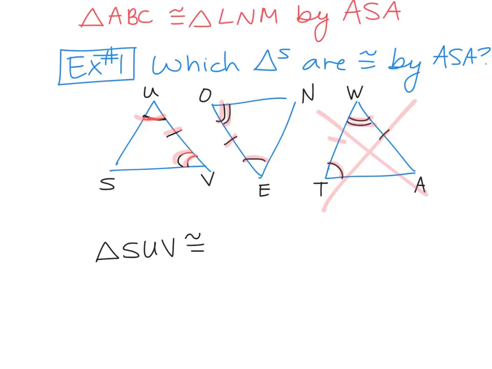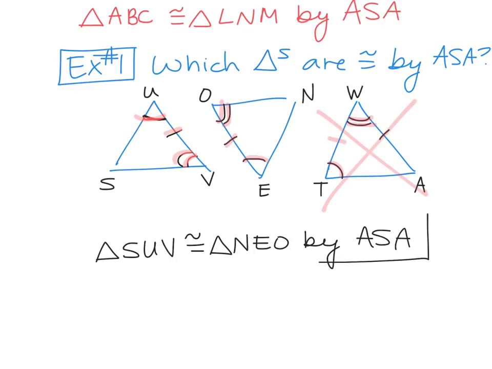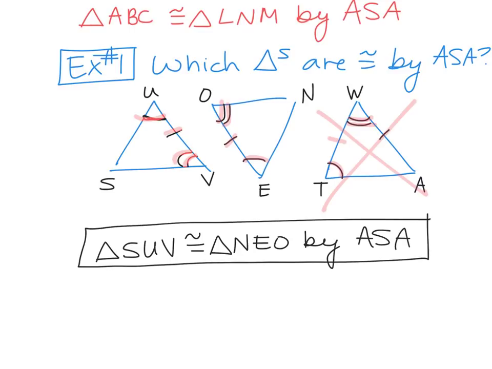Angle U has one arc, so match it up with one arc. Angle V has two arcs, so match it up with two arcs. Okay, so SUV is congruent to what? NEO. Okay, by angle, side, angle. So that is your congruence statement. Which two triangles are congruent by which postulate?